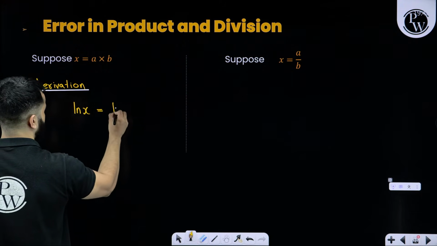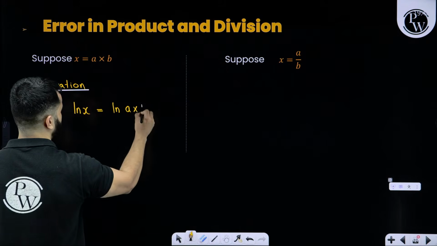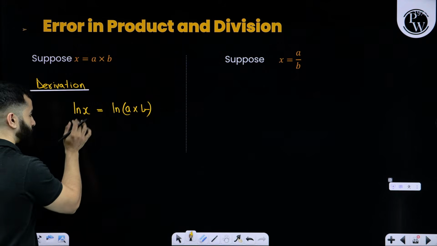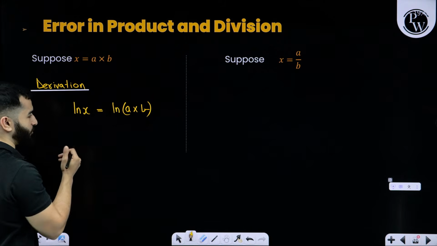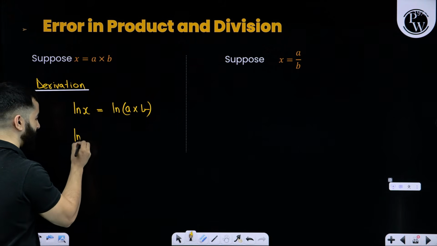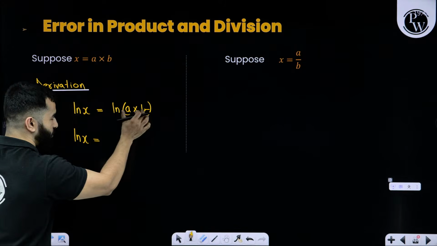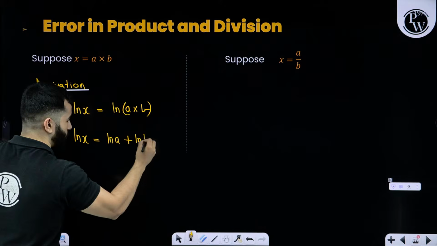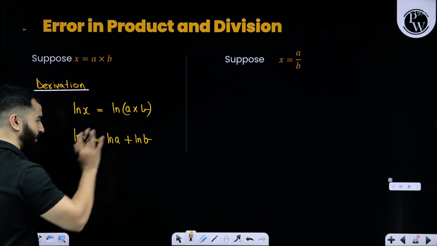Natural log X, natural log of A times B. And then we try to differentiate it. But before differentiating it, let's use the property of natural log. So natural log A plus natural log B. And then let's differentiate it.